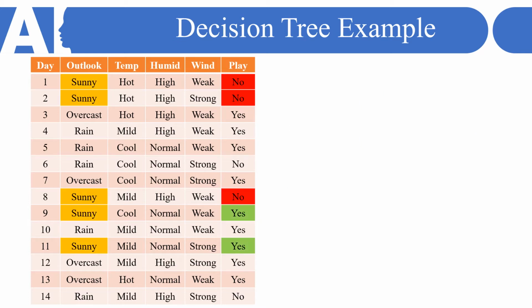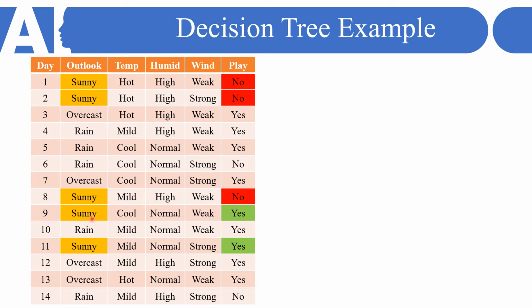So now we start with the outlook. If I select the outlook as the root node, then we have three options in this, as we have discussed: either sunny, overcast or rain. Out of the 14, when the day is sunny, suppose there are these 5 options where the day is sunny, then we look at the total number of yes in the final output.